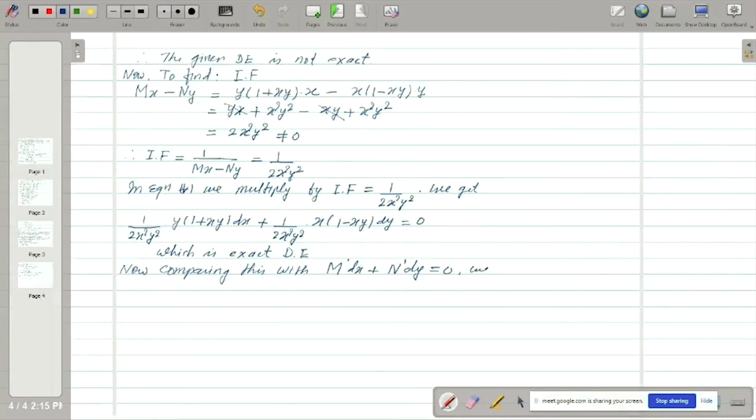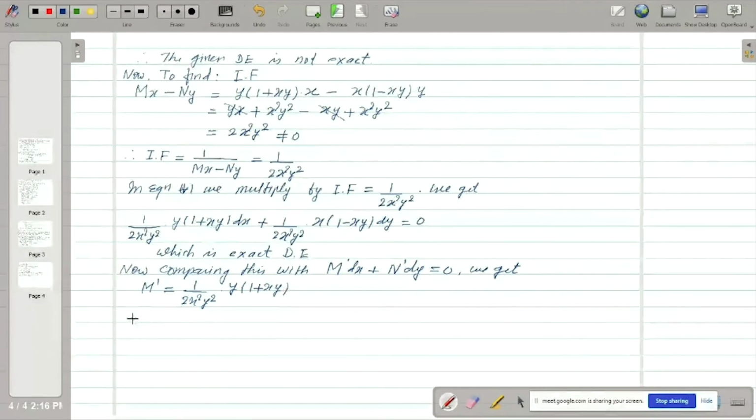We get M' equal to the first part, 1 upon 2x square y square into y(1 + xy).